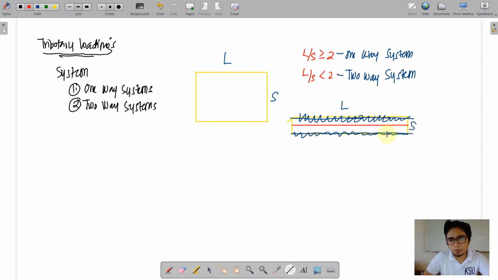Say if we have here a beam, I'll just label this as B1 and this is B2. The tributary area that will be carried by B2 is this shaded portion.